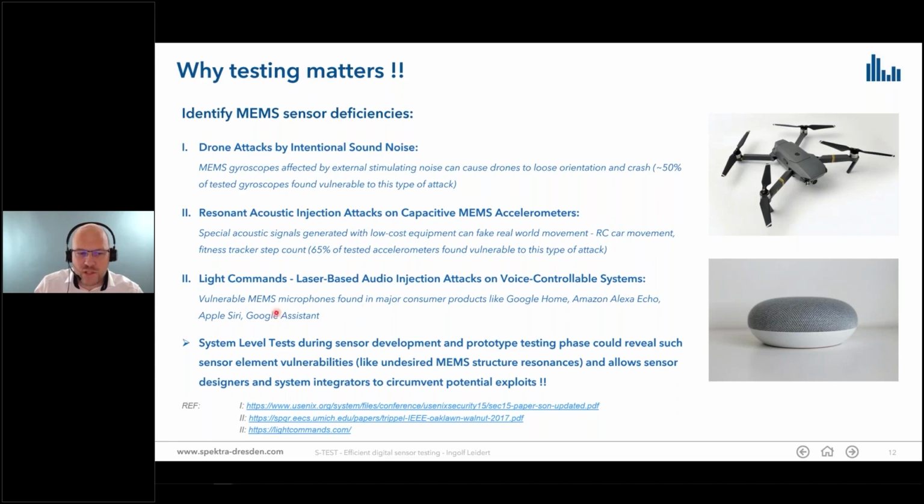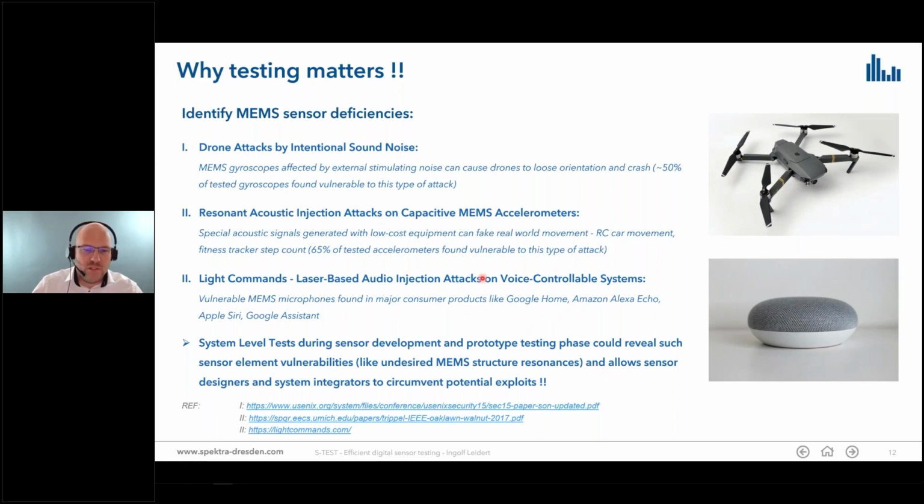And the most recent one that is relatively new is an attack on voice-controlled systems. In that example, Google Home and Alexa, some of you have these devices at home, a modulated light signal was able to inject acoustic wave messages into the microphones in that device.